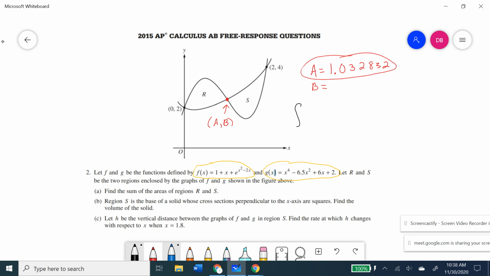So when you are integrating from 0 to number A, you need to look at what is the top function minus the bottom function. And you can use the letters that they are giving you. So during that time, the top one is G. So you can actually use the letters that they give you instead of writing the entire function.